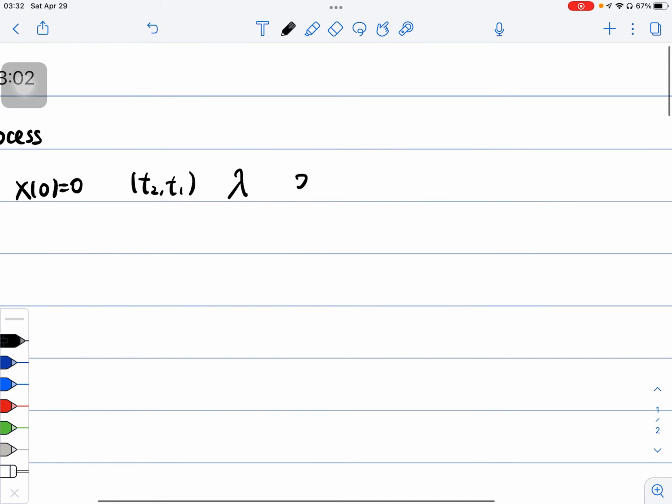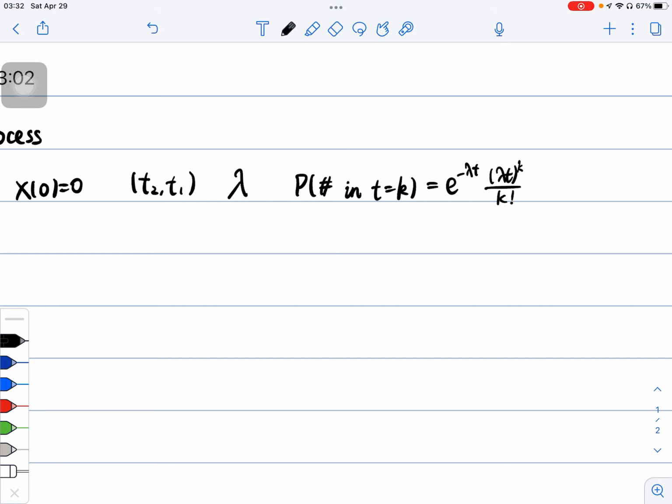We know that the probability that the number of incidents happened in time t equals k is e to the minus lambda t, lambda t to the power k over k factorial.